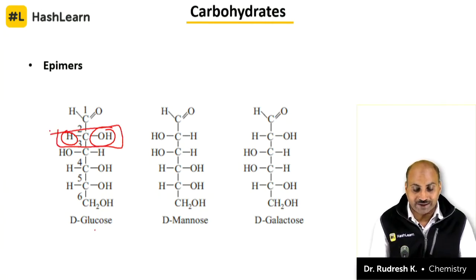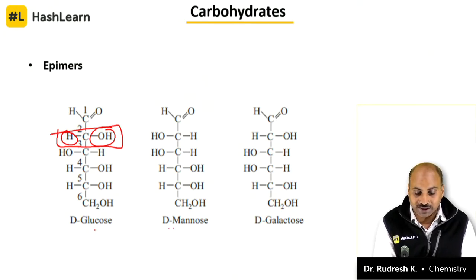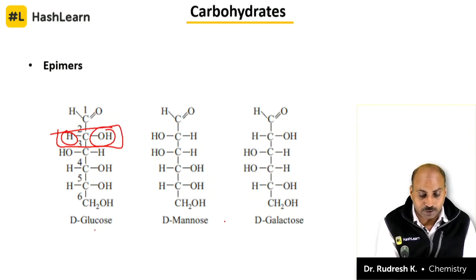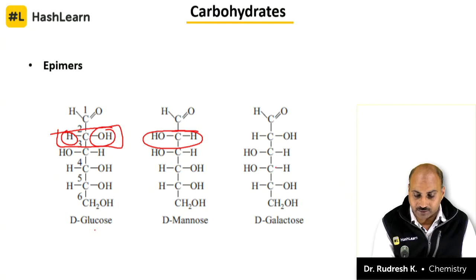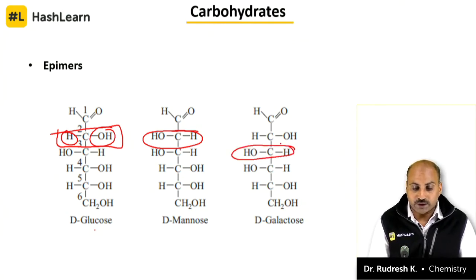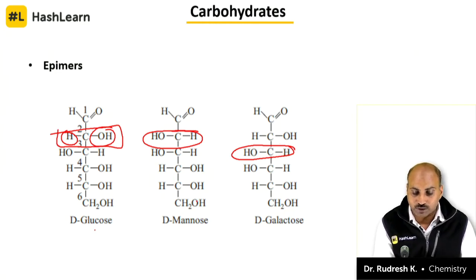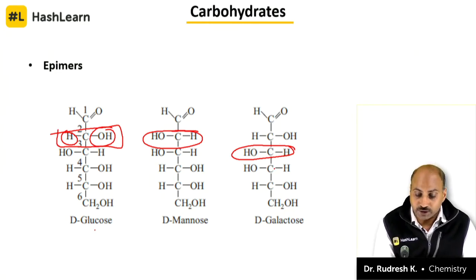But when we look at the next compound, one of the isomers of glucose, that is D-mannose, you can find that at the second carbon the hydroxyl group is exactly inverted. But when you look at the third carbon, you can find once again there is an alteration when compared to mannose. That is where you have to be careful.